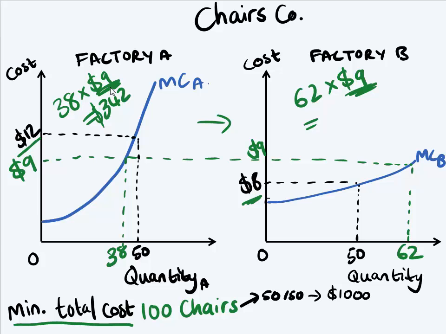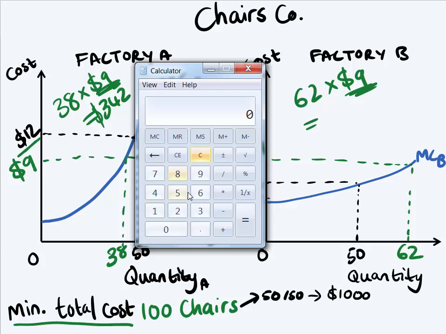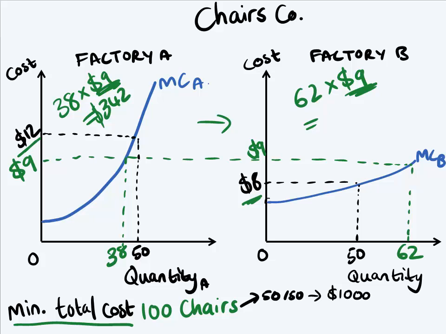Because my marginal costs are now the same. 62 times $9 equals $558. So what's the total of these two? If I produce so that my marginal costs are equal, thus not splitting it half between the two, then my total cost is $900.